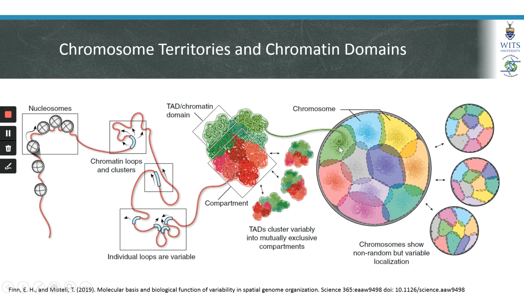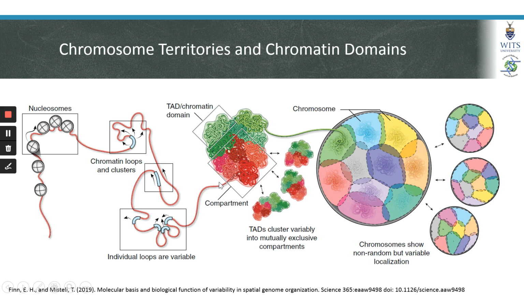However, these chromosomes can shift around within the nucleus. So if we look at the yellow chromosome over here, this chromosome can occupy different positions within the nucleus at different points in time. However, it will still occupy the same region that it was in, meaning that it will still have a territory of its own, even though this chromosome can shift around in the nucleus.